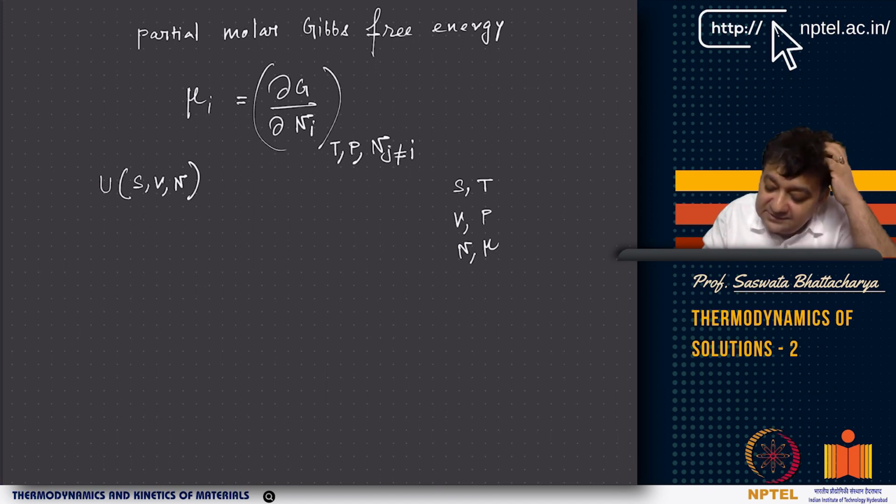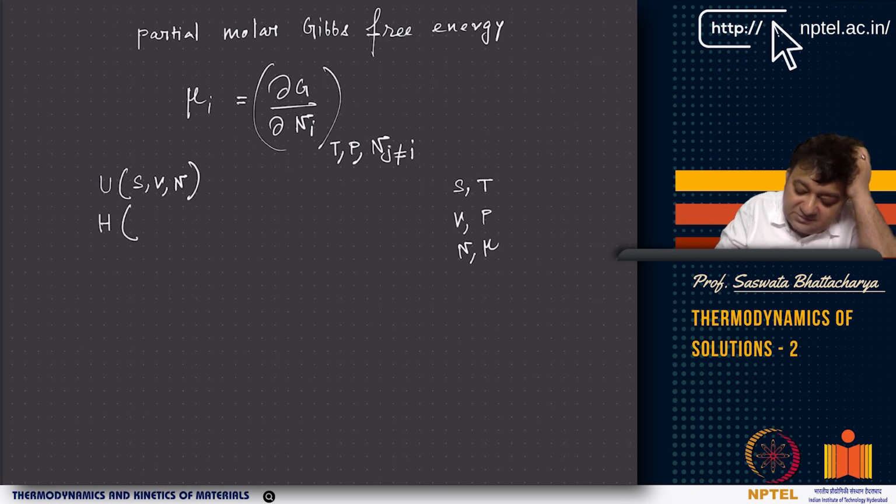So think of these conjugates, ST and VP. What we talked about is like H. We told this is for a pressure reservoir. When we use enthalpy, H is a function of S, but V is replaced by its conjugate, which is P.